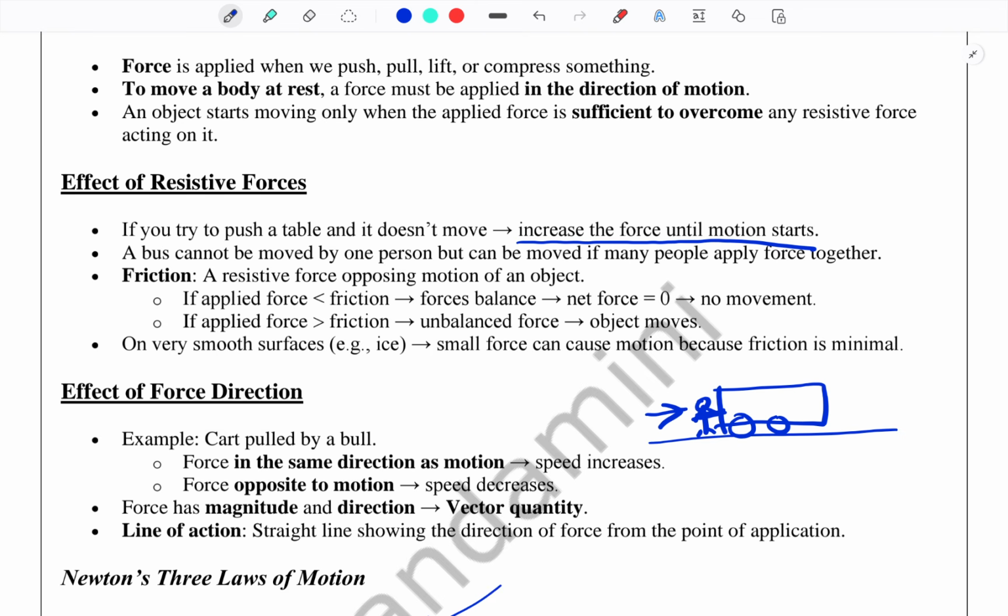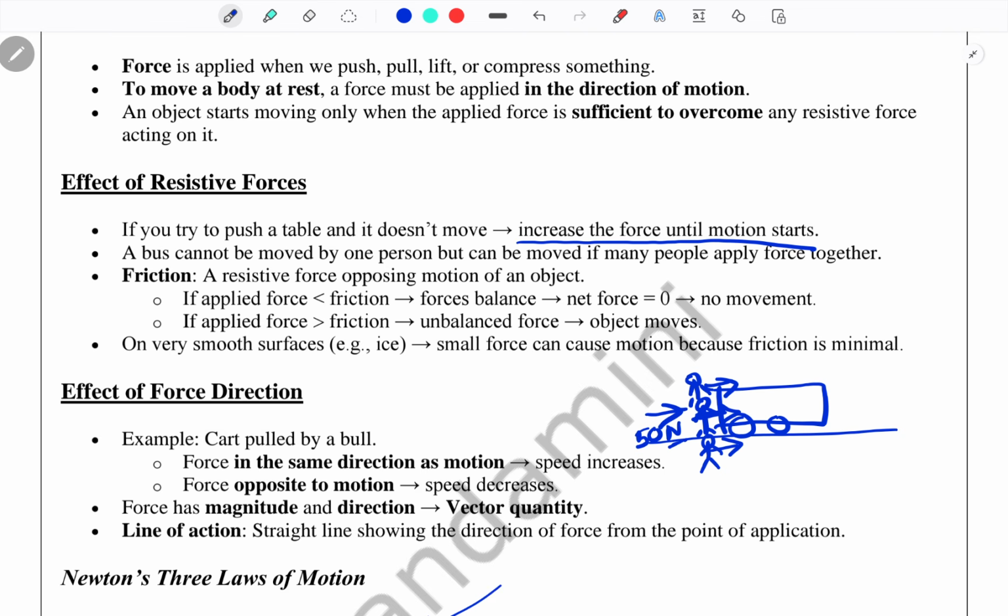Even though you thought you don't have superhero powers, what you can do is join many other people. Then what happens? Each and every one is giving their own forces to this bus, right? Think a single person can give 50 Newton force, and I will explain these Newton words and everything later on.